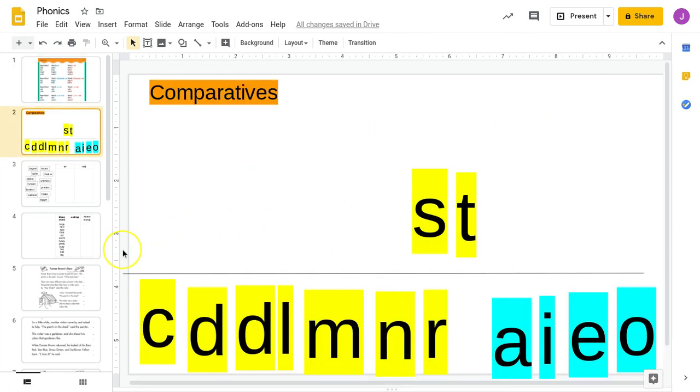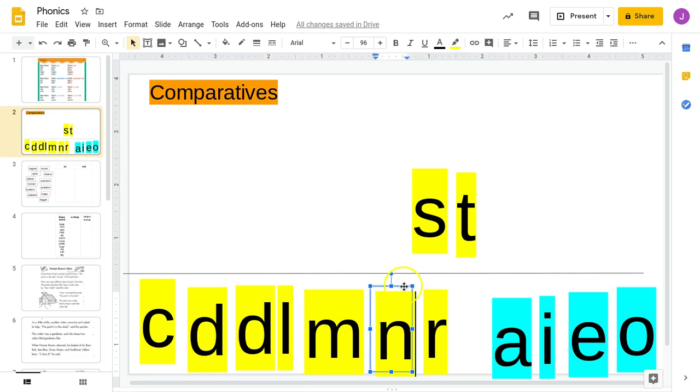So we are now going to make some words. The first word we're going to make is nicer. Nicer. She is nicer than I thought she would be. So when I hear or think about the word nicer, I have to first identify that base word. The base word is nice.